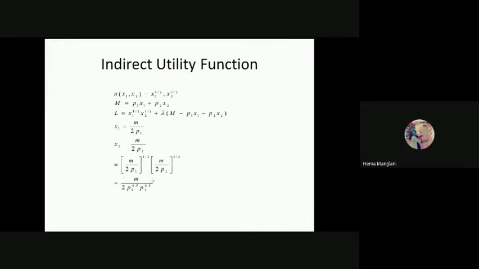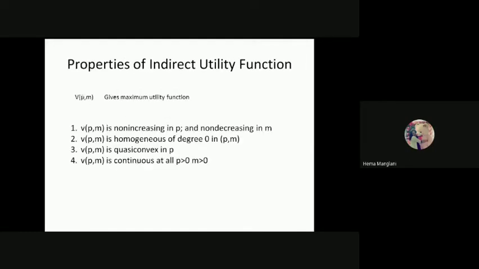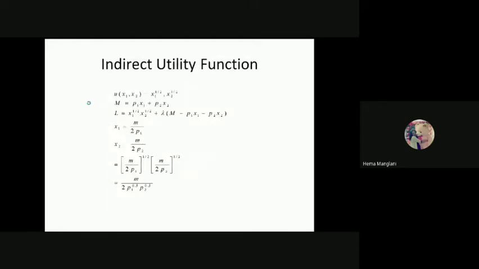Now this is actually the value of v, and the v is what? Your indirect utility function, because it's giving you the maximum utility, because it's talking about the prices and also the m. So both the things are there. So that's why you have substituted the demand function, which is actually the demand function of x1, and then this whole utility function would be converted into the indirect utility function.